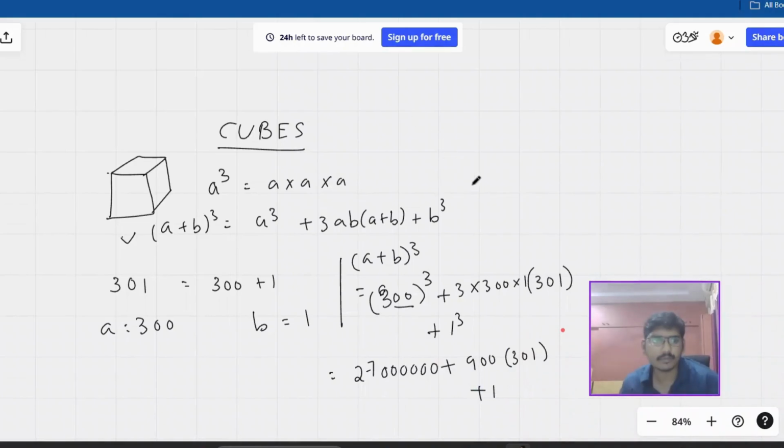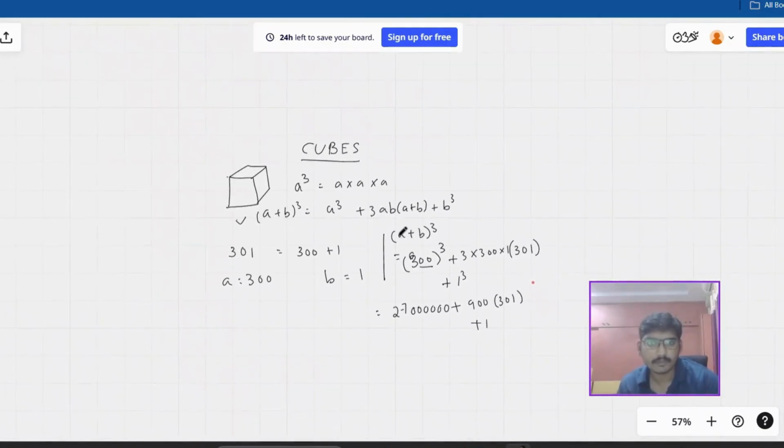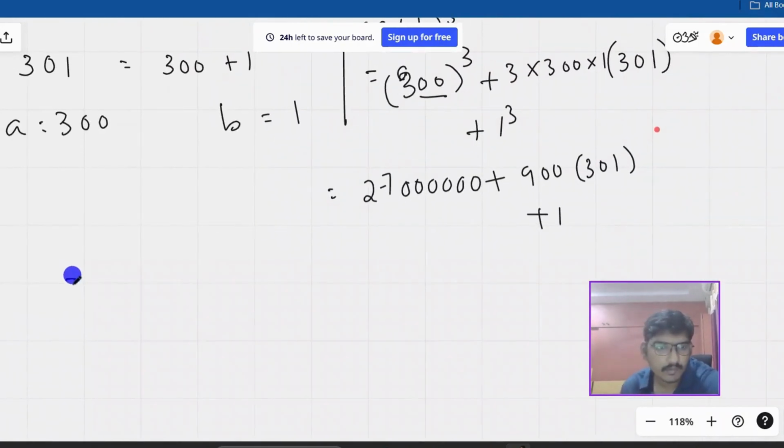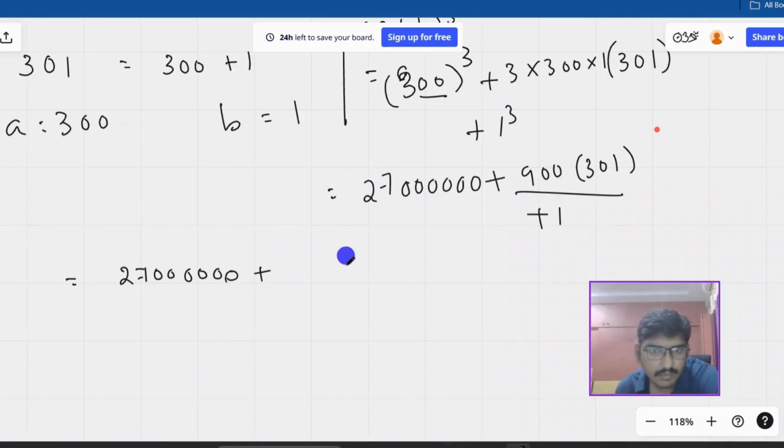Until here you know that. After that I am taking this as 27000000, right? After that I am taking this as, clearly it's 9, and 3 into 9, 27, and after that you get 2 zeros, right?